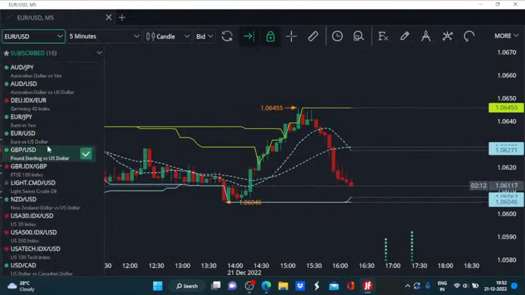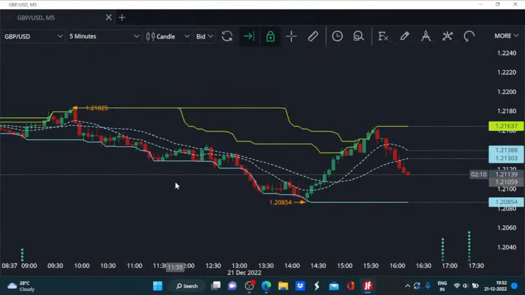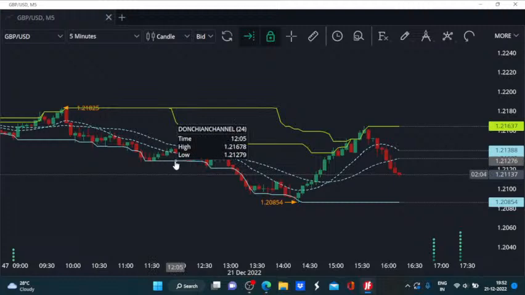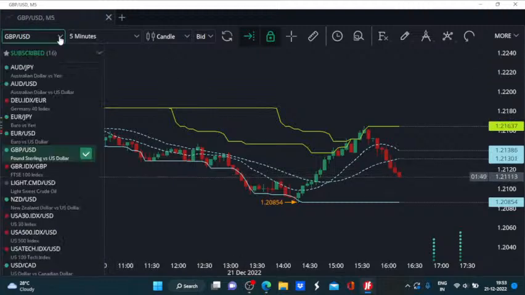But for GBP, the momentum has been bearish. So we have the bearish tendency prevalent in the GBP in today's session, and even compared to the euro, it is on the back foot. So it is a better placed currency for going for a short sale trade, not a long trade. For the long trade, we have the best possible scenario in the AUD of all these three major currencies.